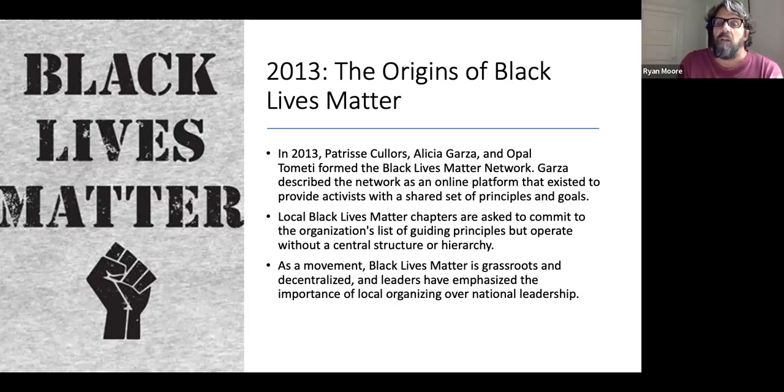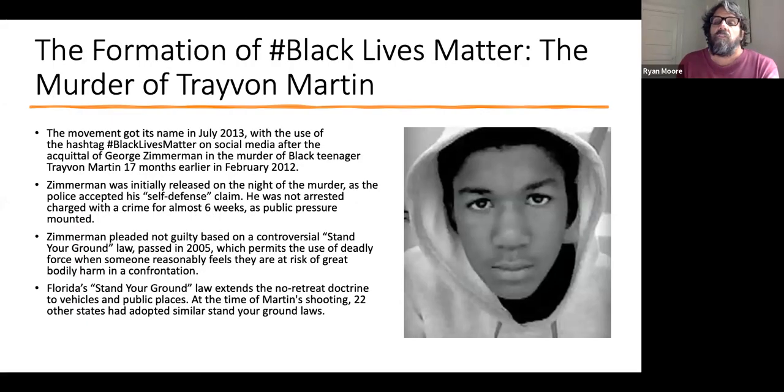So as a movement, Black Lives Matter is grassroots and decentralized, and leaders have emphasized the importance of local organizing over national leadership. Of course, the tragic event that basically initiated the formation of Black Lives Matter was the murder of Trayvon Martin and the acquittal of George Zimmerman, his killer.